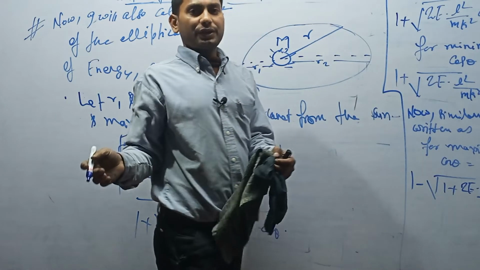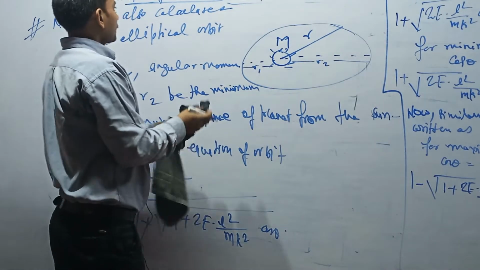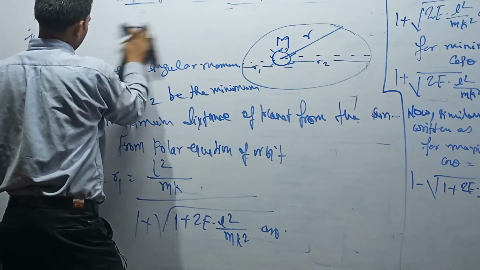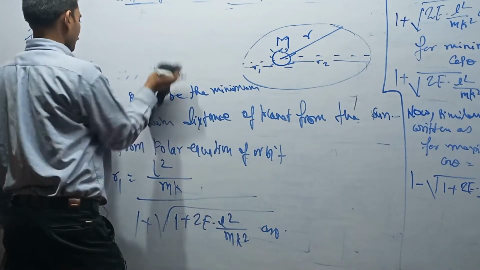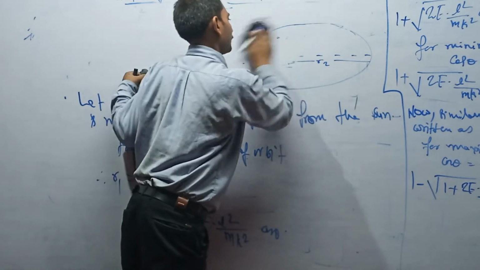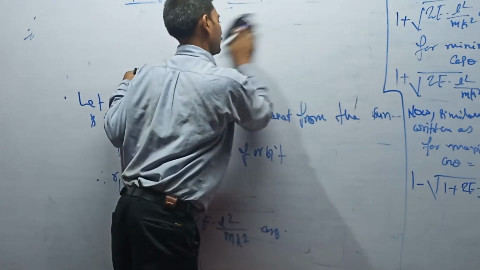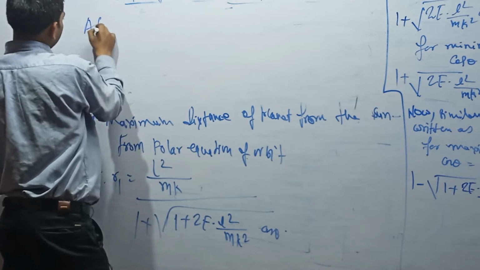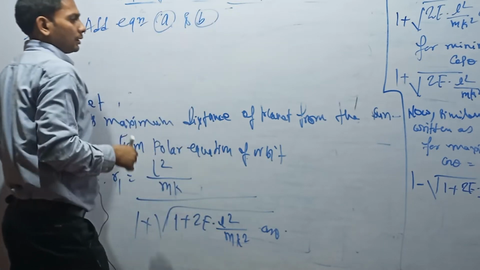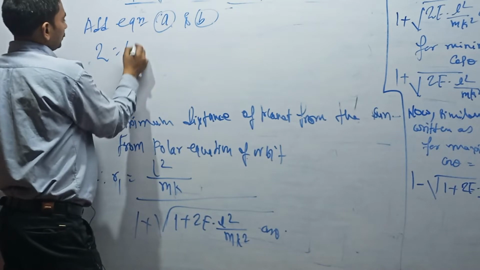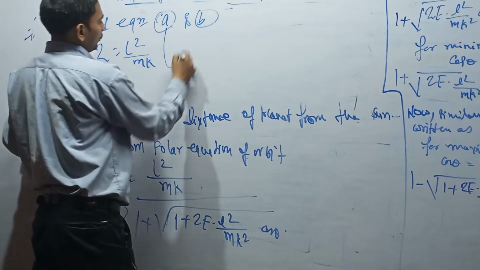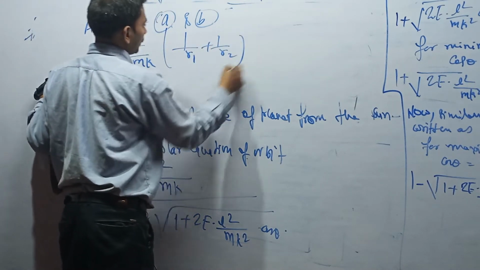Adding equations A and B, 2 is equal to L square upon mk times 1 upon r1 plus 1 upon r2.